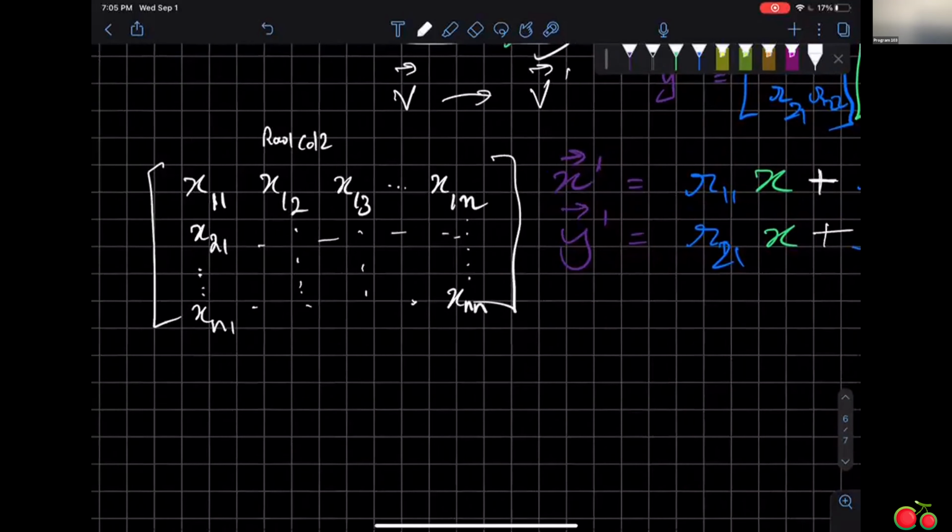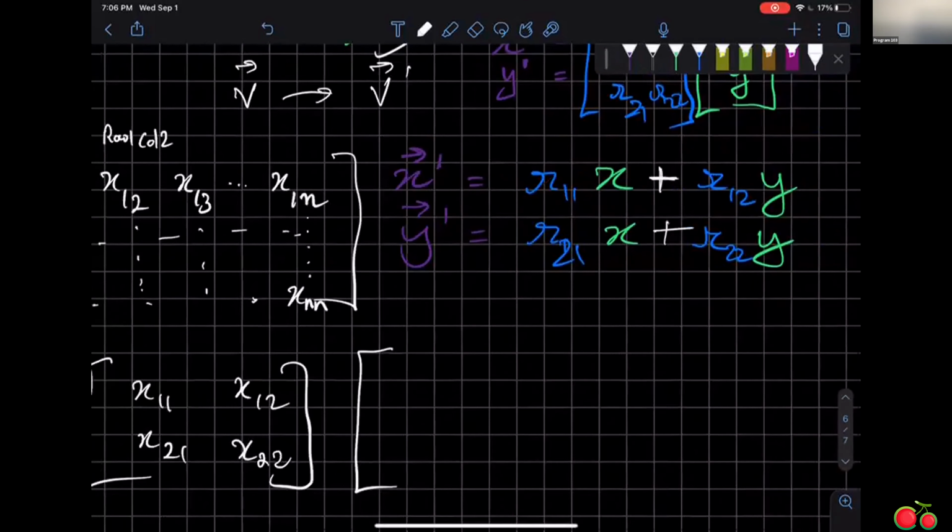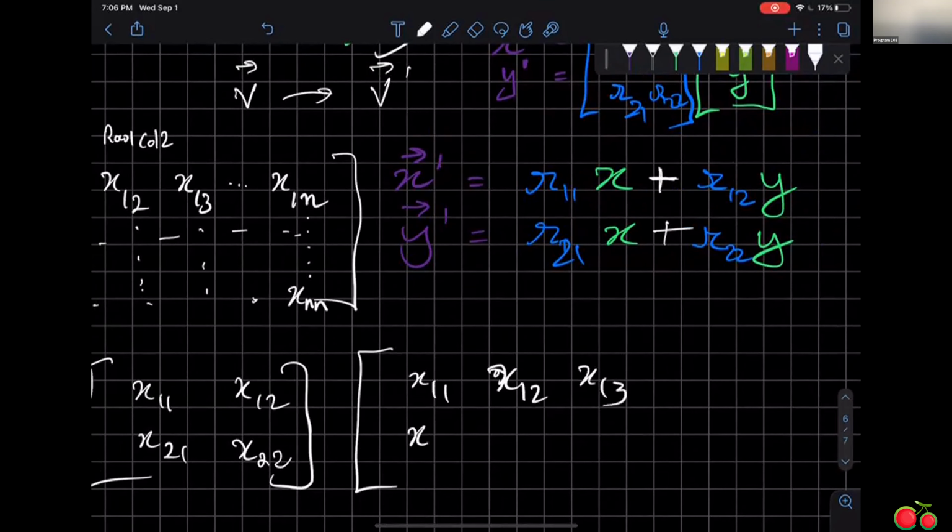So if I write down a 2x2 matrix, it would be x11, x12, x21, x22. If I write a 2x3 matrix, I have x11, x12, x13, x21, x22, x23.